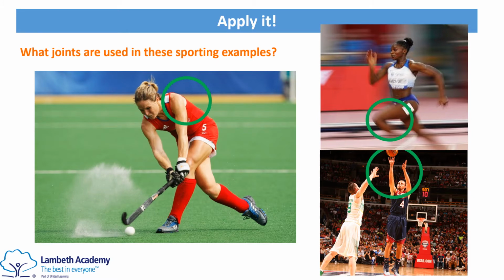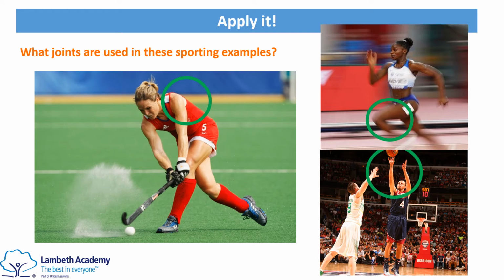I have got 3 different pictures here. Each of them has a green circle around them. The first one that I would like you to look at is the hockey player. What joint is being used in the circle that I have shown? If you said a ball and socket joint, you are correct.